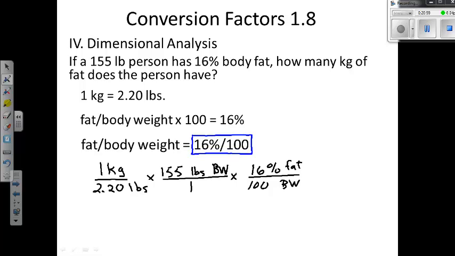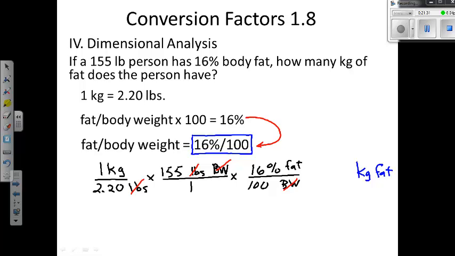All right, so that's fat per body weight, this here is just rearranging that equation. So I got a number that describes what is the fat per body weight. Because this way, the pounds cancel out and body weight cancels out, and my answer is going to be in kilogram of fat, which is what I want.